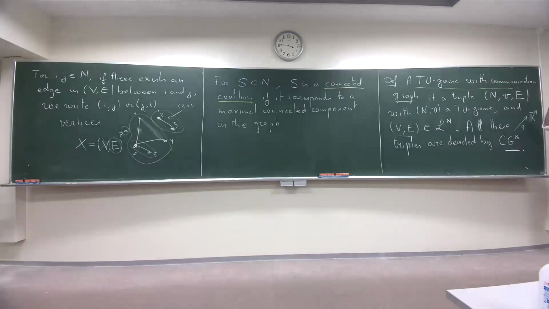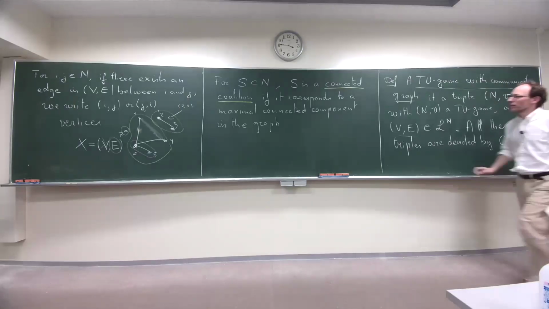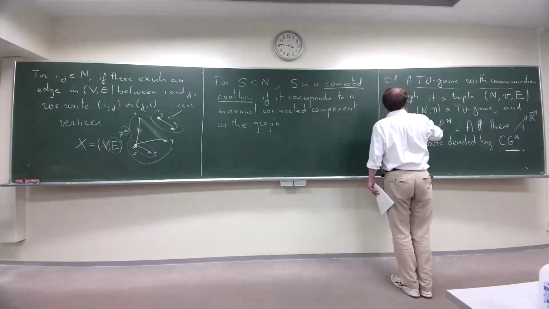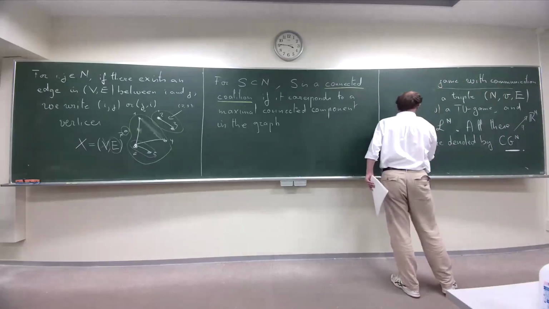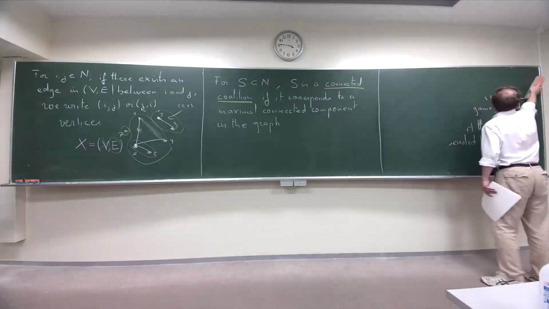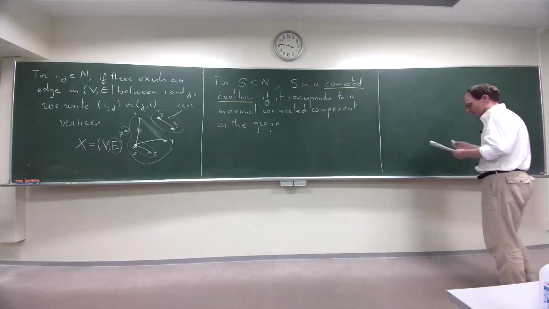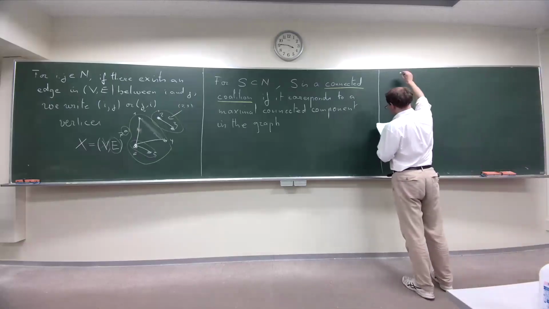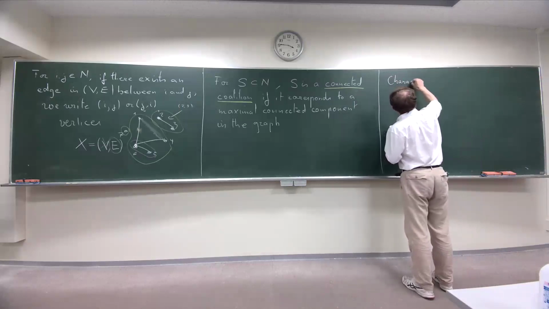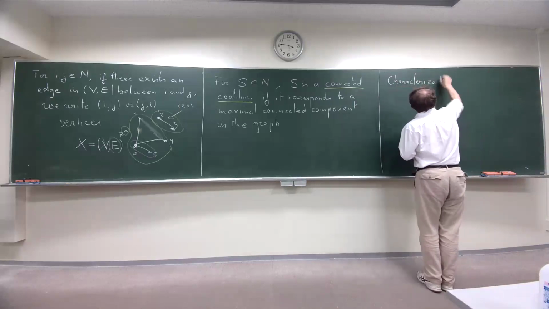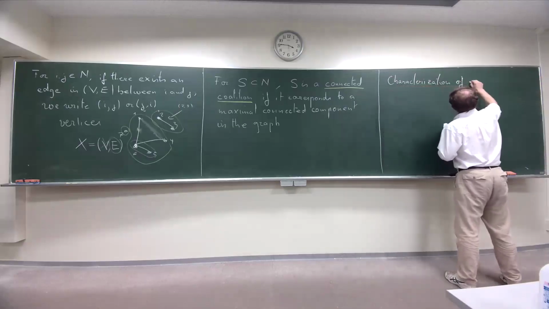And again, we will have a theorem saying if you believe in these conditions, there is only one way to send any TU game with communication graph to a point in Rn. So I need to state some conditions on these allocation rules, characterizations of allocation rules.